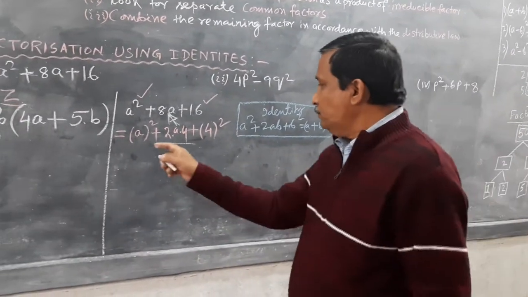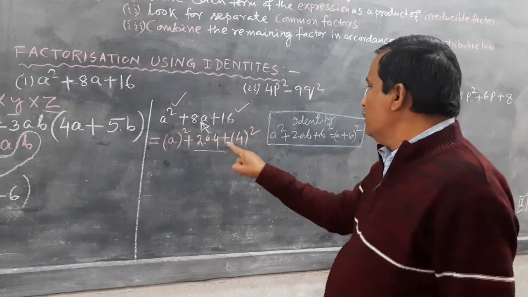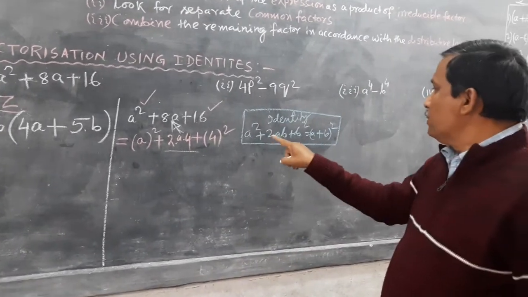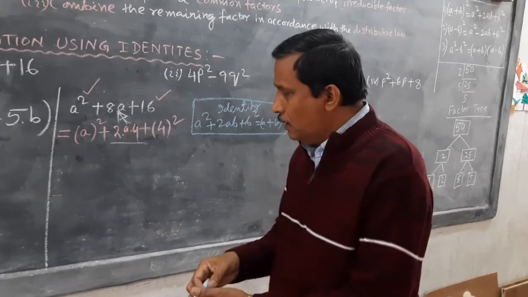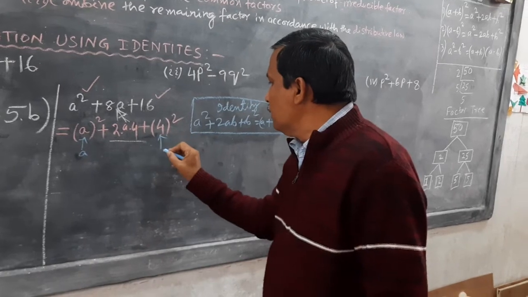So now this identity, a square plus 2ab plus b square, is a plus b whole square, because here this is the first term, that is a, and this is the second term, that is b.